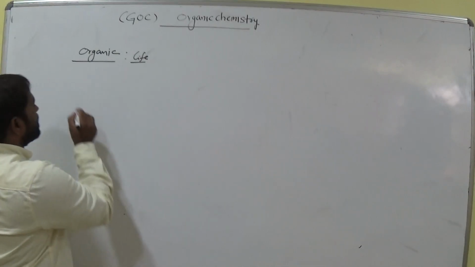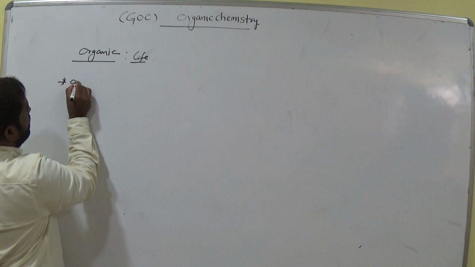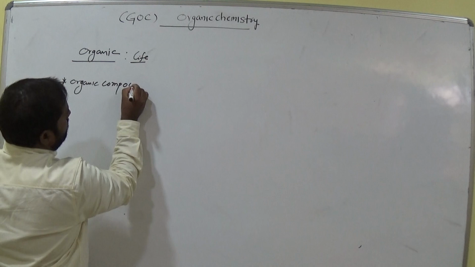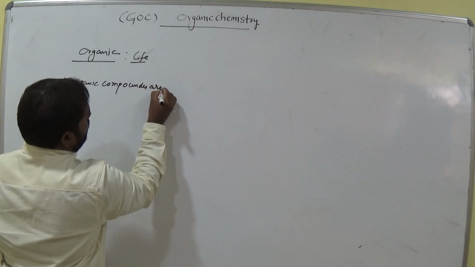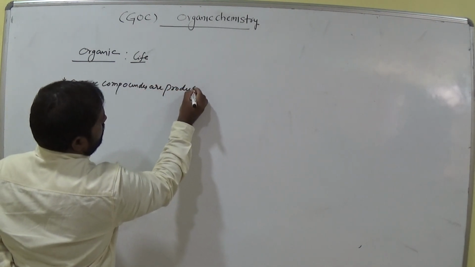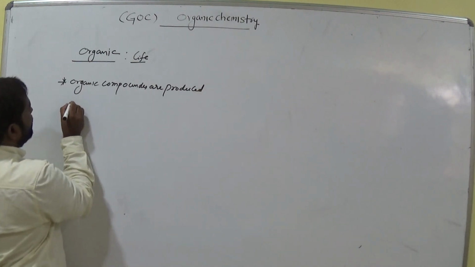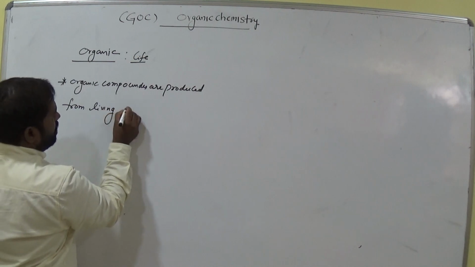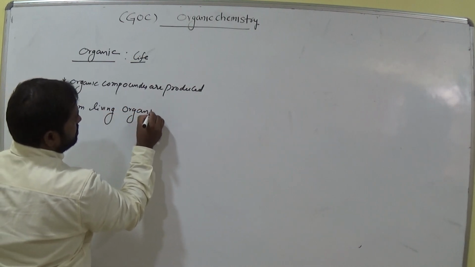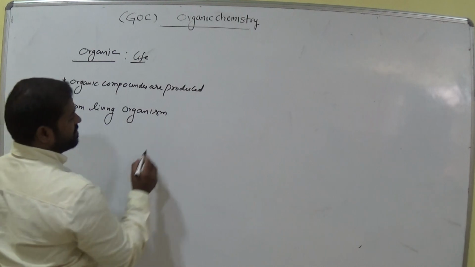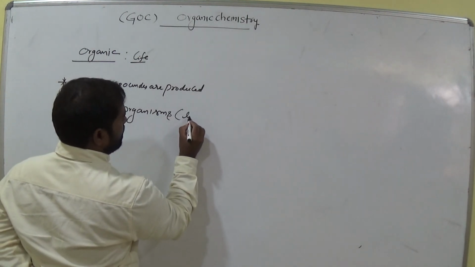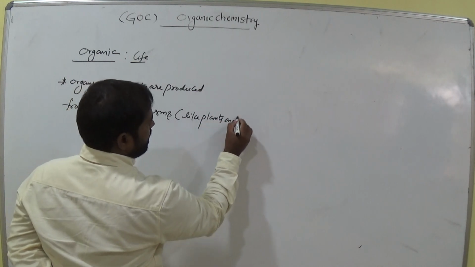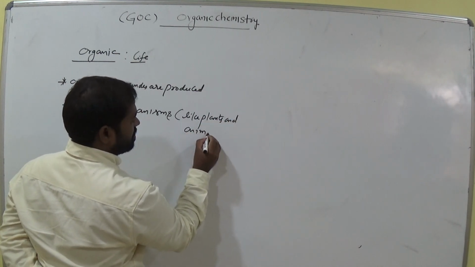In the ancient days, organic compounds were produced from living organisms like plants and animals.